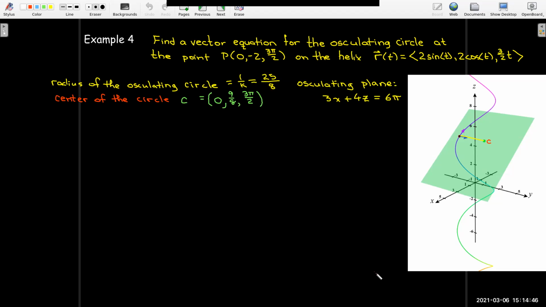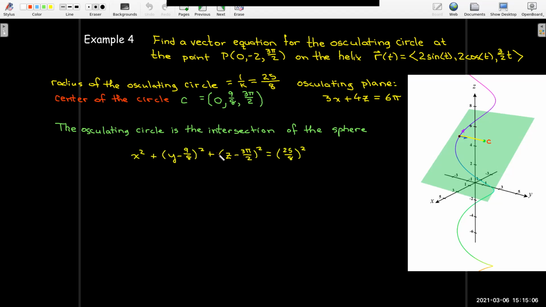All right, so now we have the radius, we have the center, and we know the equation of the plane where the circle lies. So the circle would be the intersection of the sphere and the plane. Now in 3D, given the radius and the center, if I use the distance formula, I'm not going to get a circle. This is going to give me the equation of a sphere.